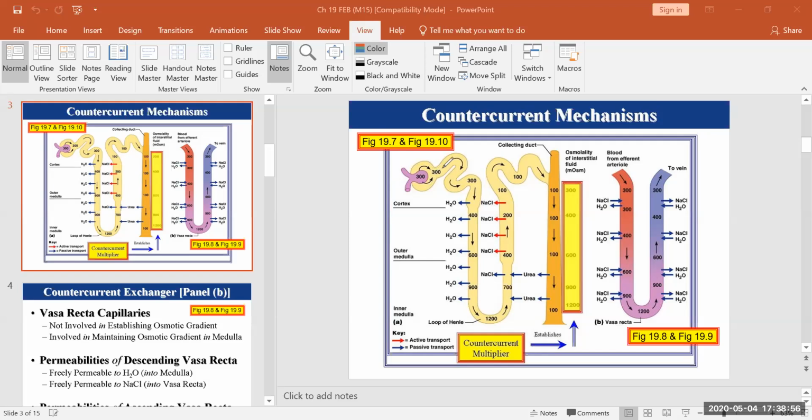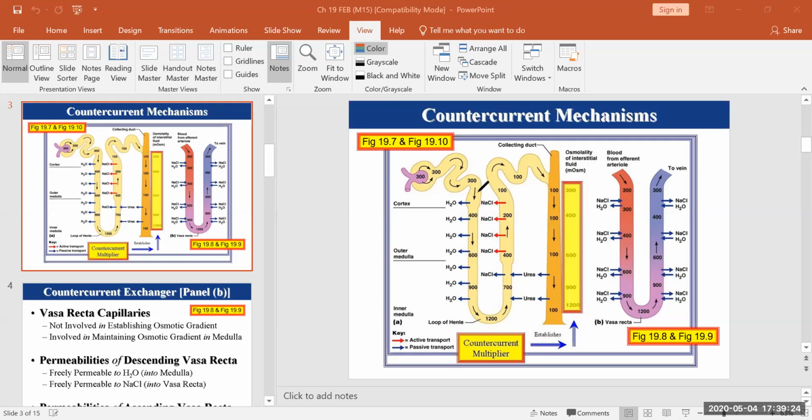It goes into the proximal convoluted tubule here, PCT. And as you can see, it's 300, 300, 300. That's the salt concentration, and it is expressed as milliosmol, MOSM, 300.